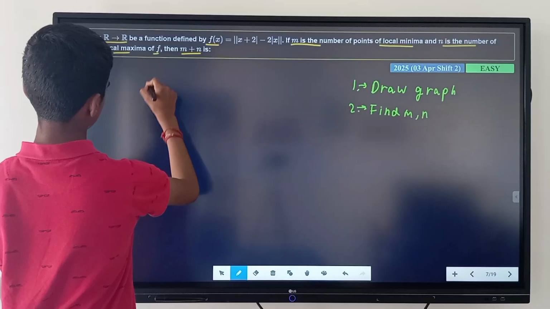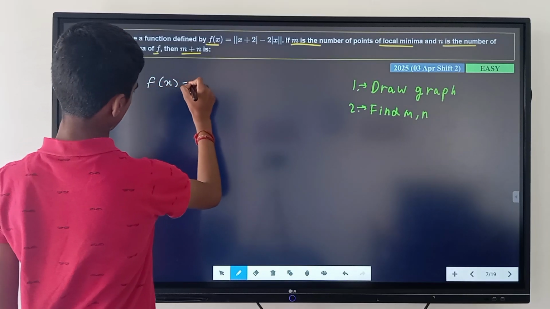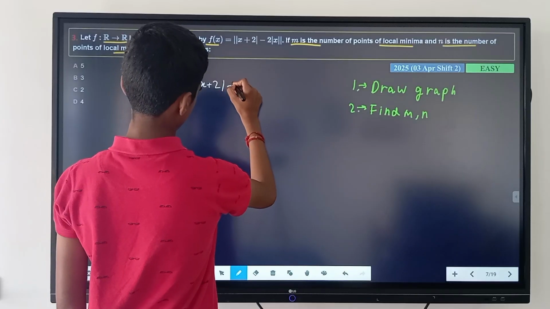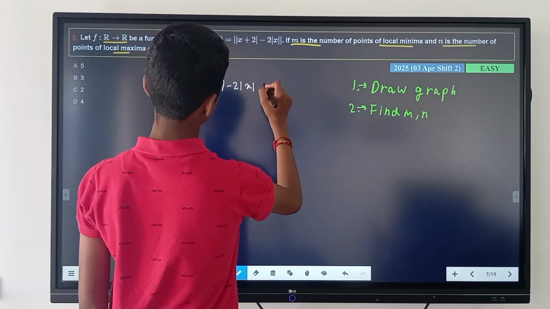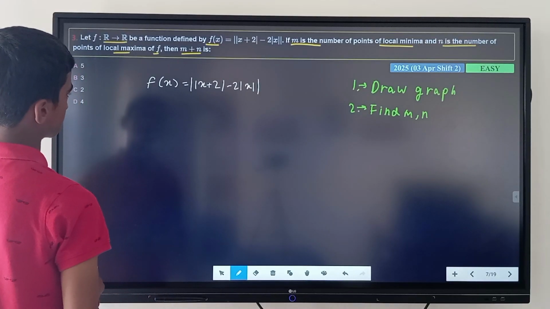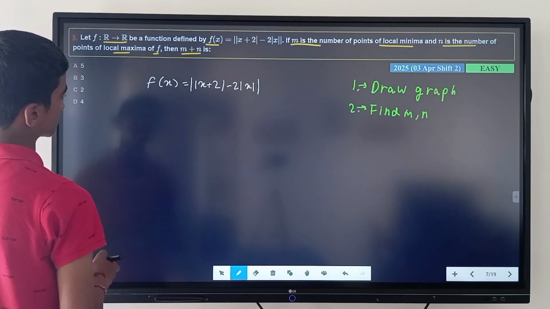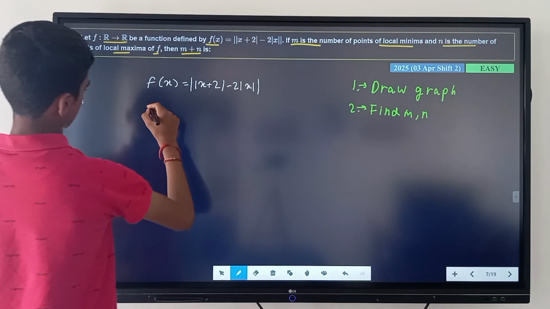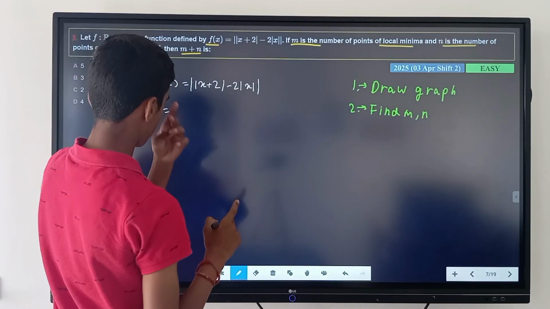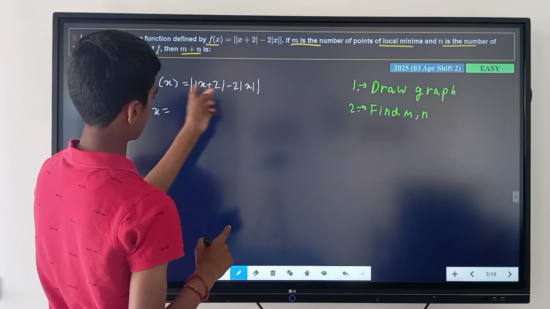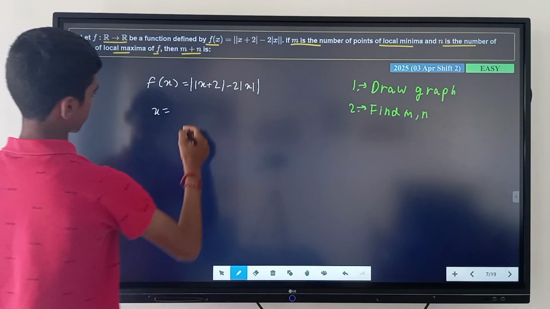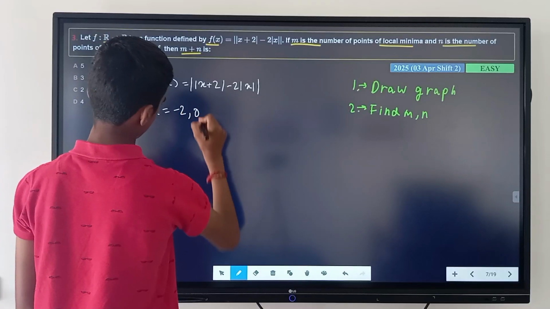So our f of x is equal to mod of (mod of x plus 2 minus 2 times mod of x). Now let's find the points where our graph will take a sharp edge. These are the points where the graph will take a sharp edge if any one of these 3 mods will be 0. So clearly we have minus 2 and 0.